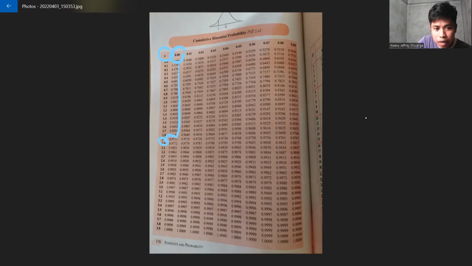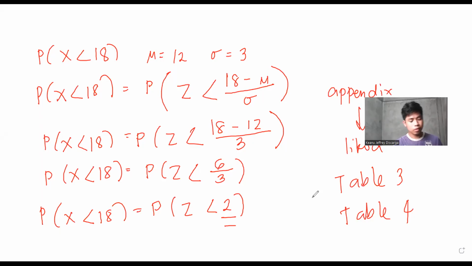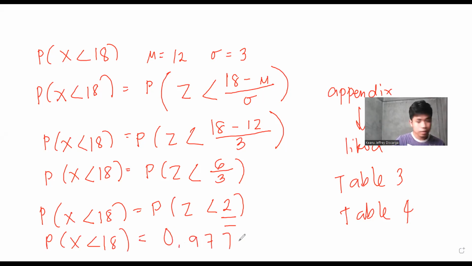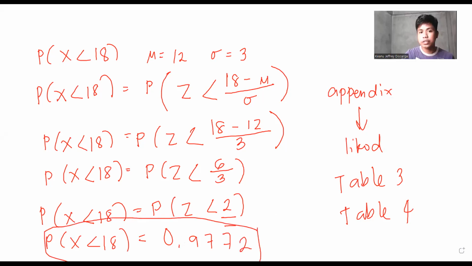Their intersection is 0.9772. Okay? So the answer is 0.9772. So the probability of x is 0.9772. So this is the final answer.